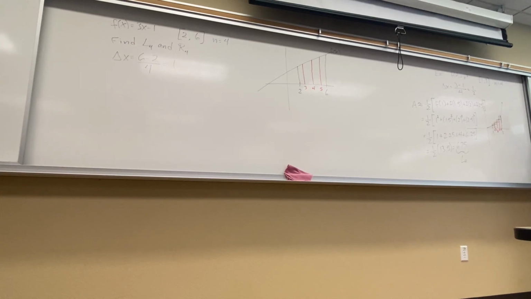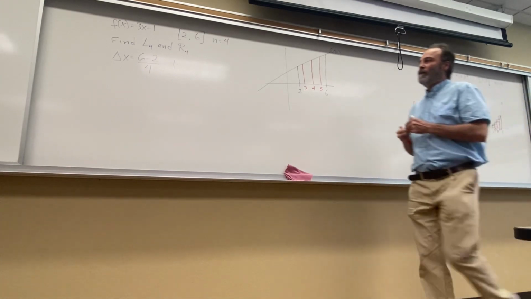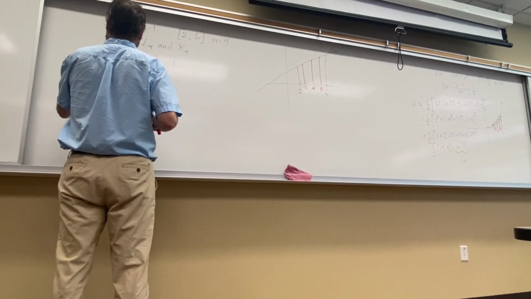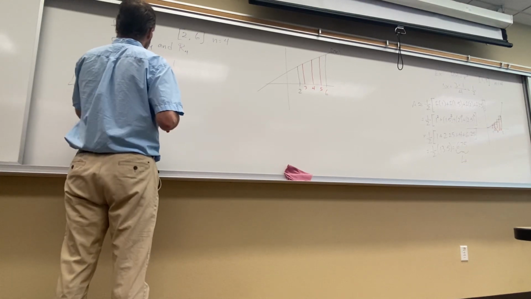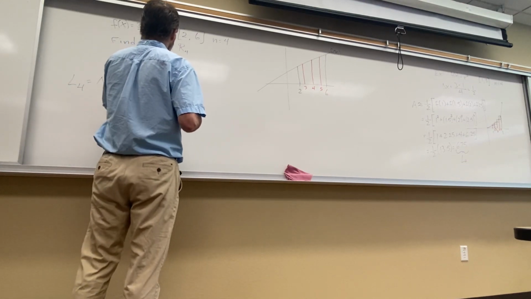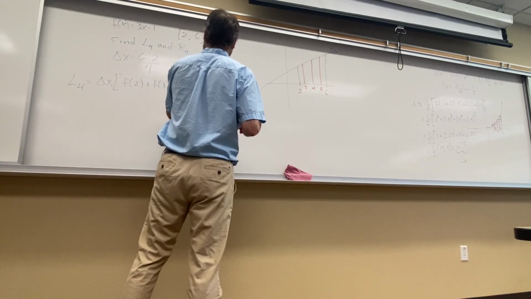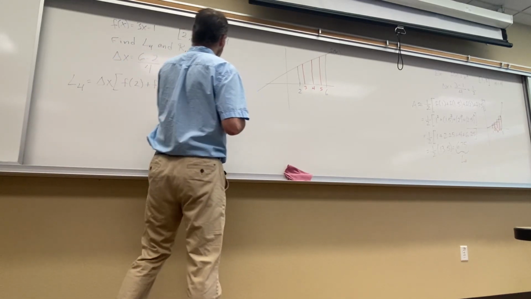So we're just going to find the left-hand rule is going to be delta x times f of 2, f of 3, f of 4, f of 5.